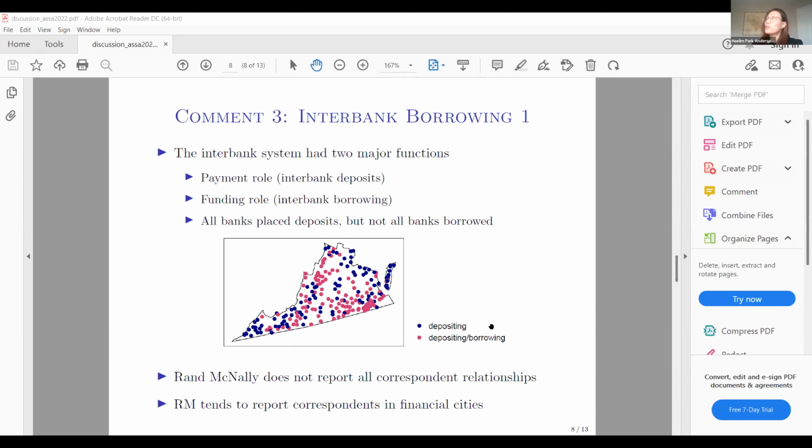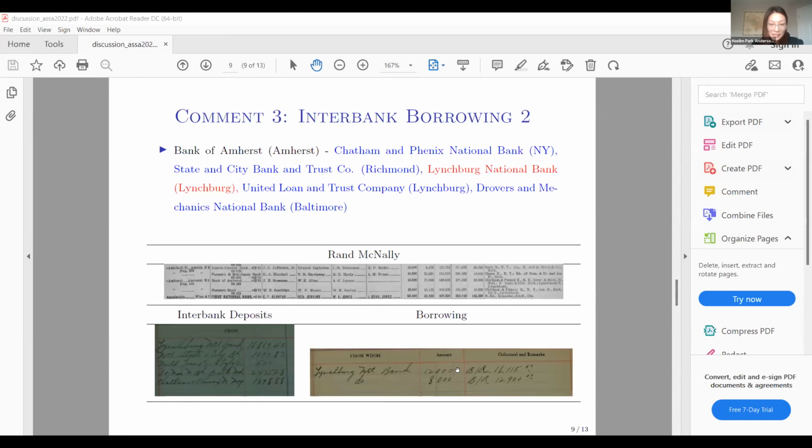And the problem with Rand McNally is that Rand McNally just sets the interbank relationship, and it's a deposit relationship, not a funding relationship. So when you look, this is one example. It's a Virginia bank, and this bank had 5 banks. And if you look at Rand McNally, you will see 5 names.